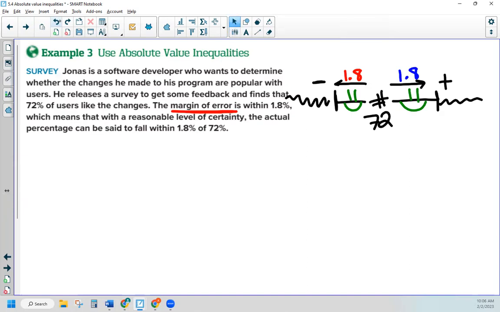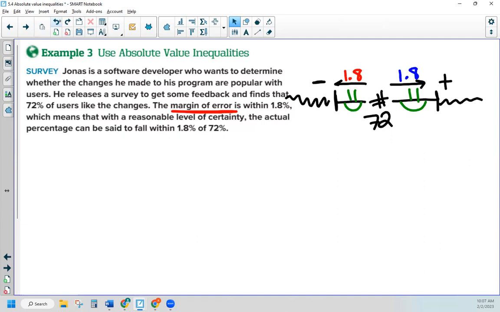Okay. The margin of error is within 1.8%, which means that with a reasonable level of certainty, the actual percentage can be said to fall within 1.8 of 72%. That means that it can either fall 1.8 more than 72 or 1.8 less than 72.